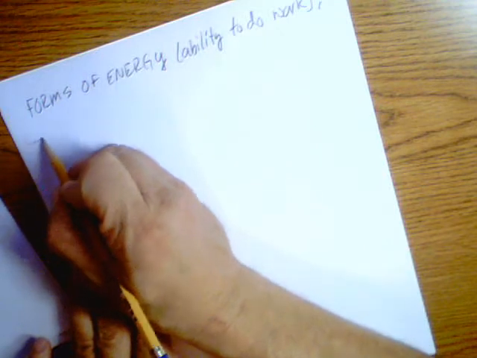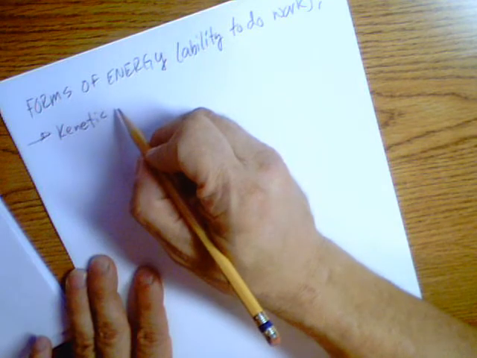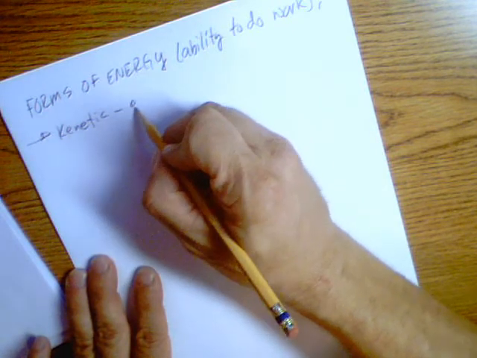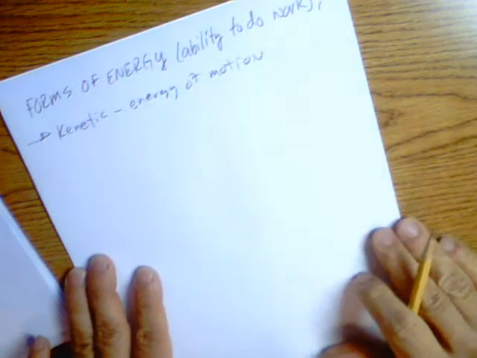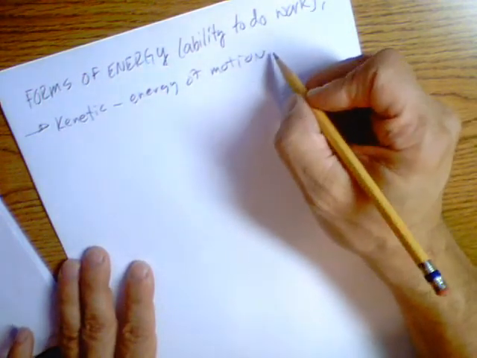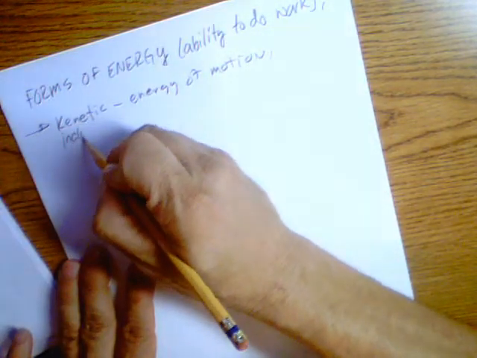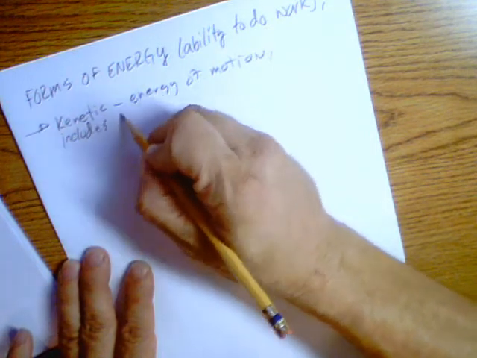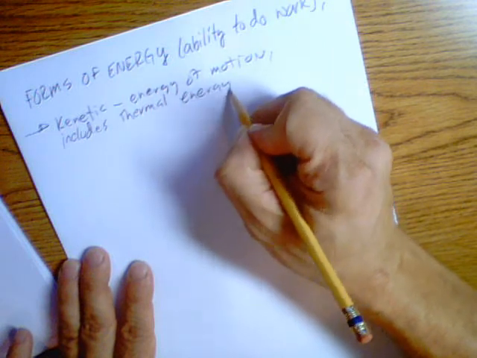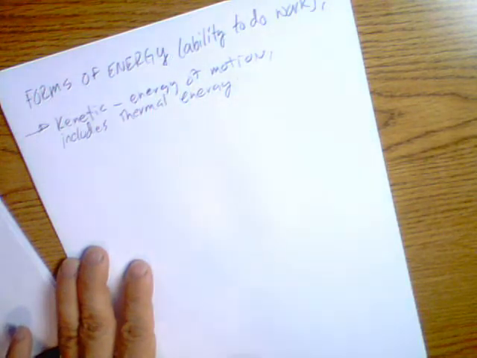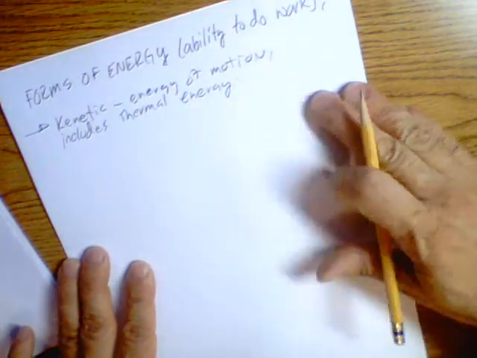Here are a couple of different types of energy. Kinetic energy is the energy of motion, for which thermal energy is an example, because thermal energy is a type of kinetic energy.